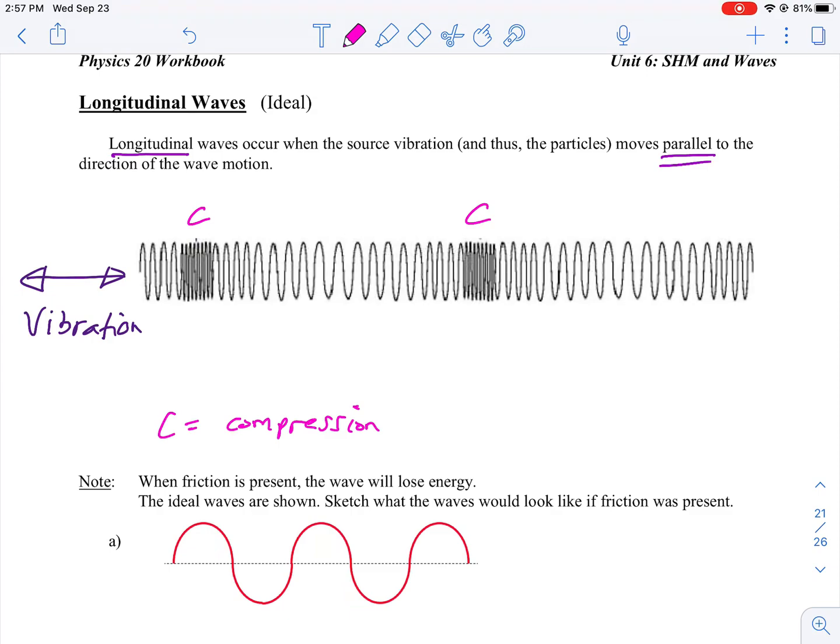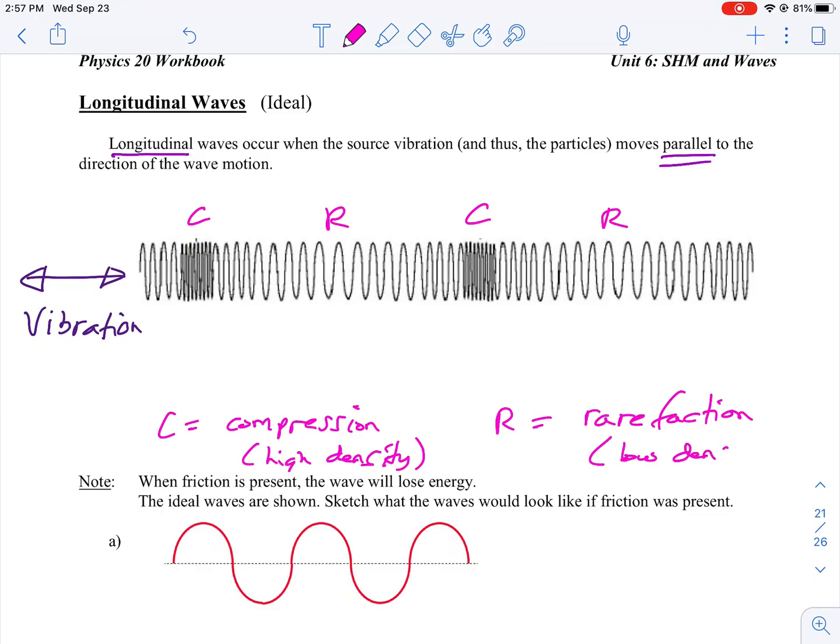In between, we have what's called R. And R represents rarefaction. Compression is basically high density, and rarefaction is low density. Good so far.